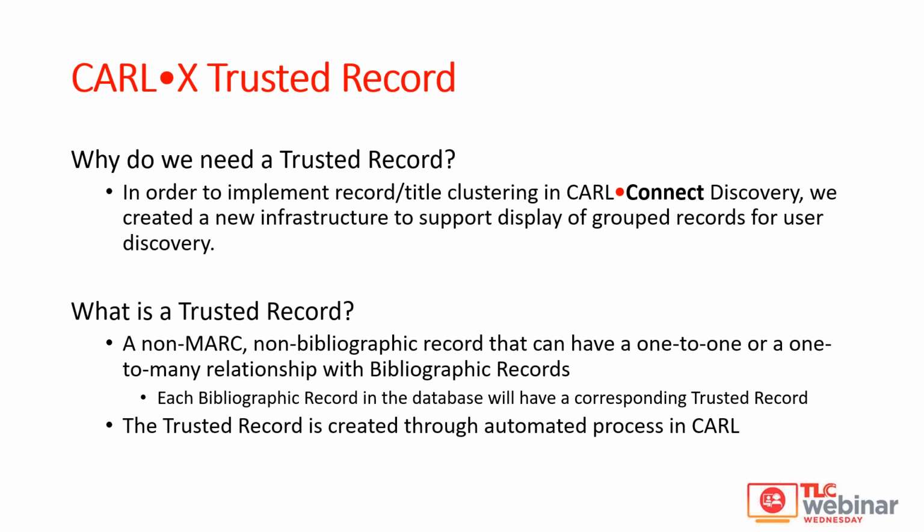That trusted record is a non-MARC, non-bibliographic record that can have a one-to-one or a one-to-many relationship with bibliographic records within a CARL-X database. Each bibliographic record in the database is going to have a corresponding trusted record. That trusted record is created through those automated processes within the CARL system, giving us the ability to systematically employ those.